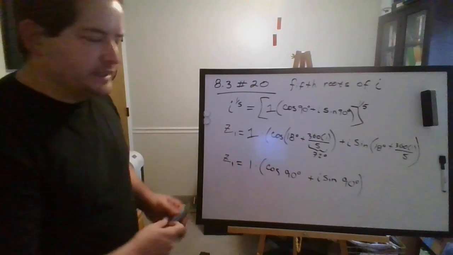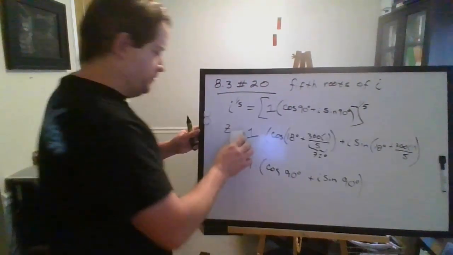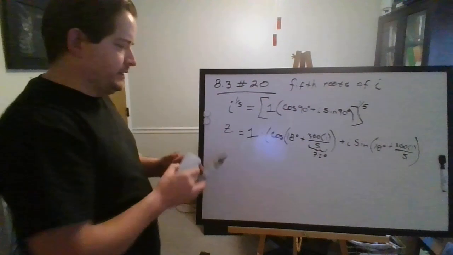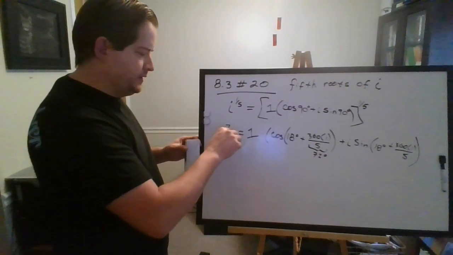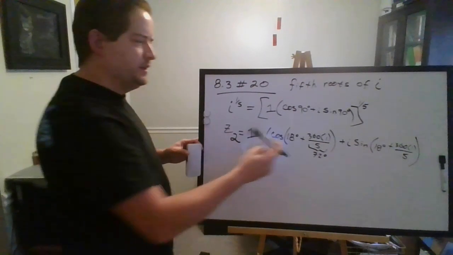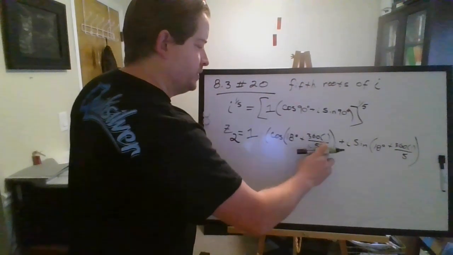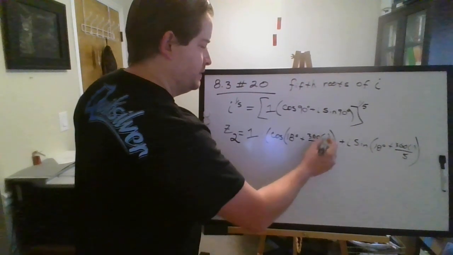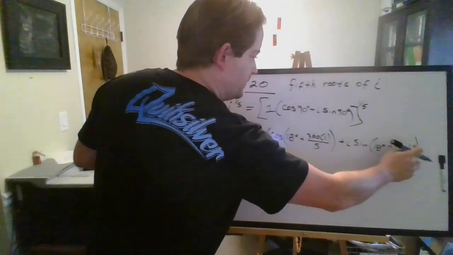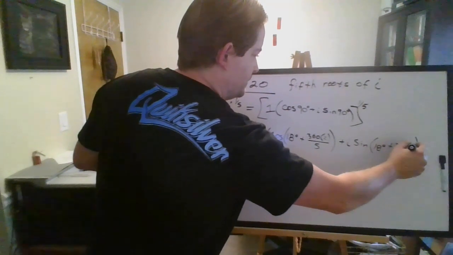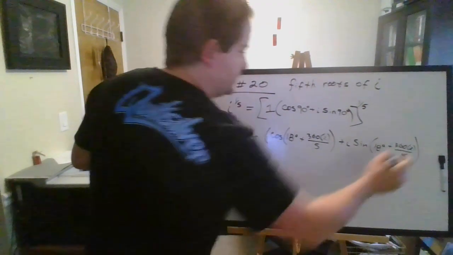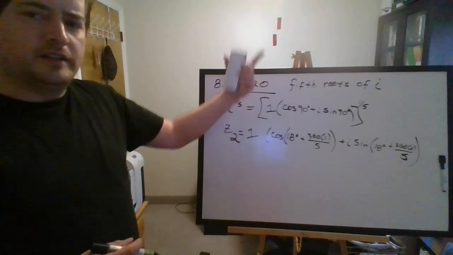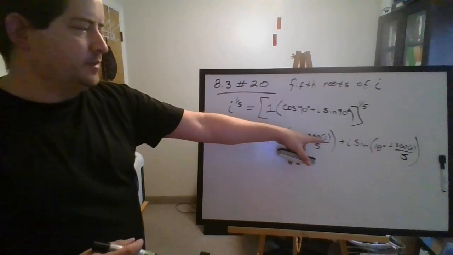And every single one of these has the same formulation. In fact, I'm not going to erase the whole thing. I'm just going to erase this and call this Z2. If I'm trying to find Z2, I add 2 circles divided by 5. And so really I'm just adding another 72 onto the last angle because now I just have this number as double, right?